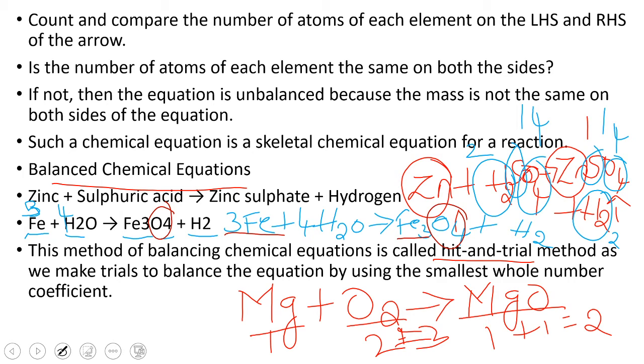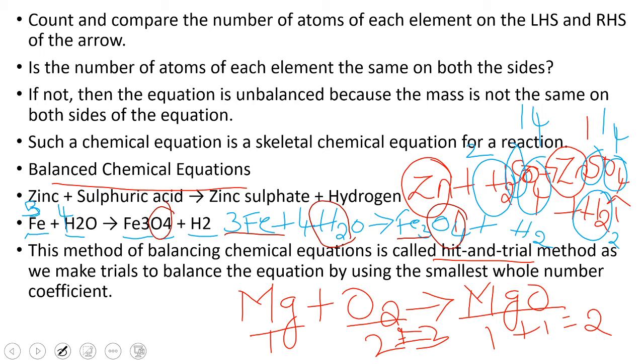Now I want to explain to you that if the number is written down, below the symbol of the element like this H2, the 2 written at the end of the hydrogen, down, we call it a subscript. If the number is written as a subscript, that number belongs to only that one atom. Here I wrote 4. If I write the number on the side, then it belongs to all the elements present in the molecule.